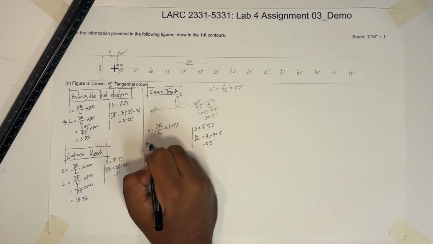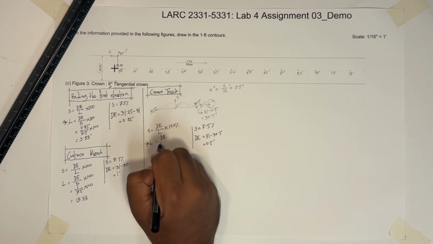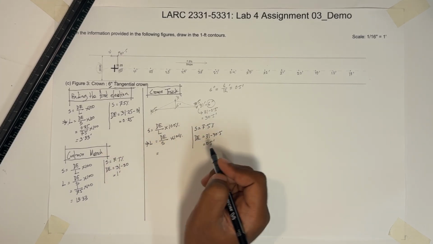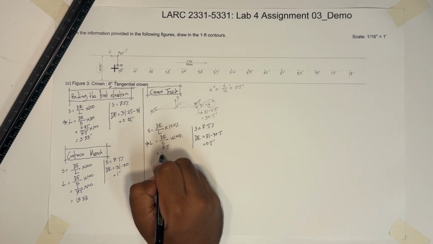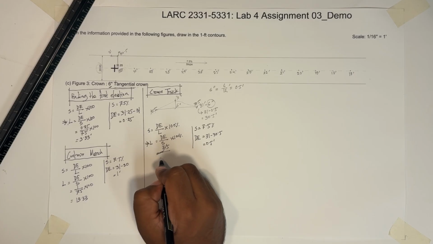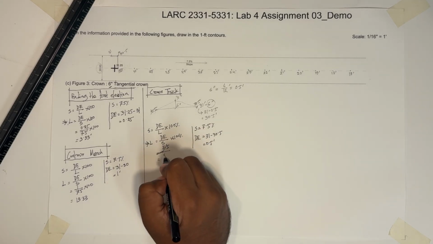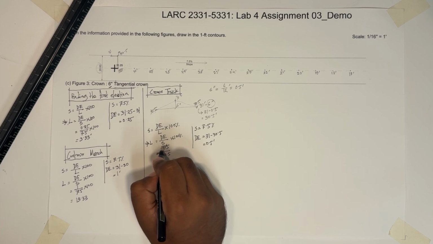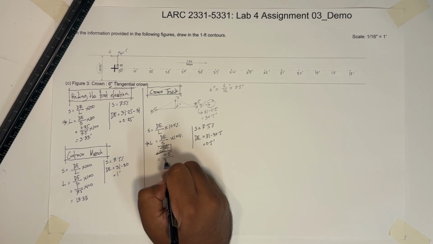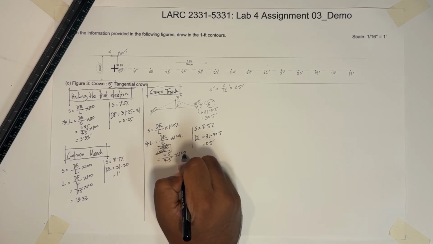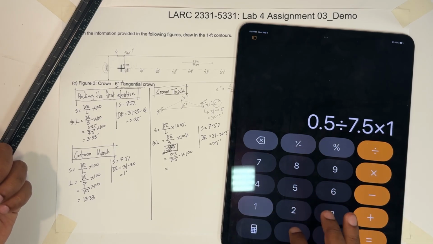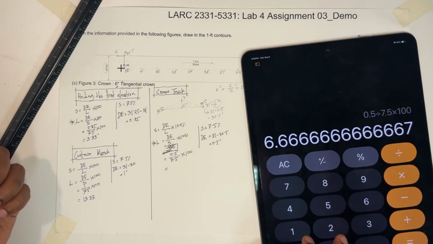Therefore, L equals DE divided by S into 100%. DE becomes 0.5. S becomes 7.5 into 100. So let's find that out. 0.5 divided by 7.5 into 100. So 6.67.